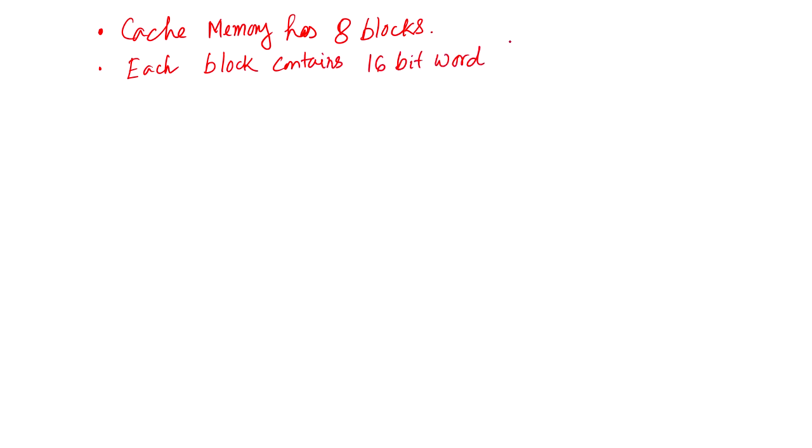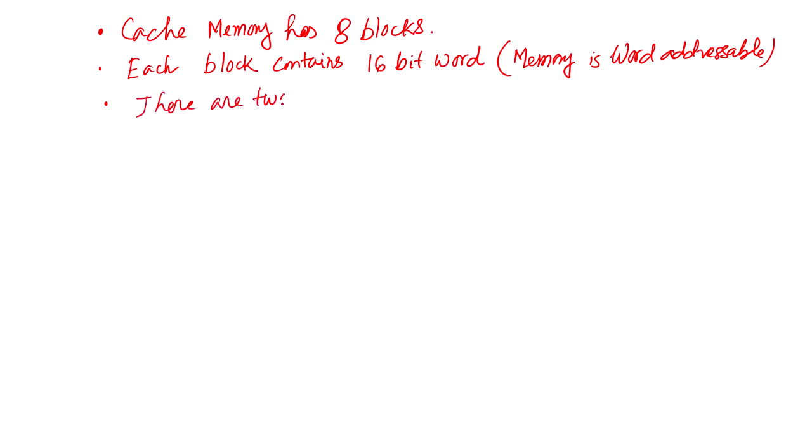Let us say we have a scenario with a computer system. In the computer system we have a cache and a main memory, and we have a block. These are the assumptions for this example: the cache memory, each block, and there are 2 sets in case of set associative.